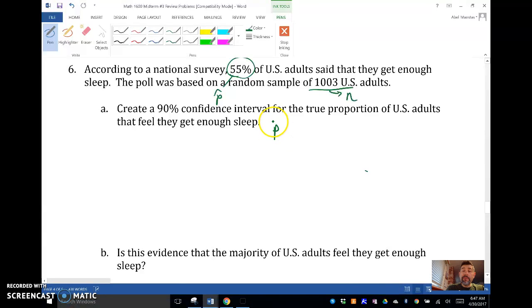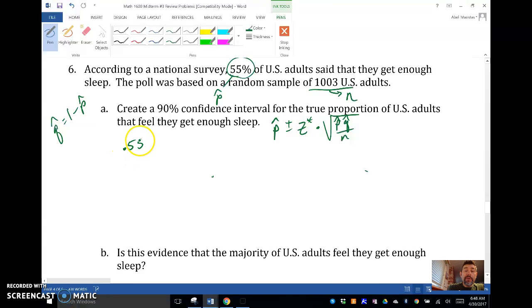So the formula for this is p hat plus or minus z star times the square root of p hat q hat over n. Remember that q hat is just 1 minus p hat, so it's the probability of failure, I guess, if p hat was the proportion of successes. So we're going to plug in what we know here.